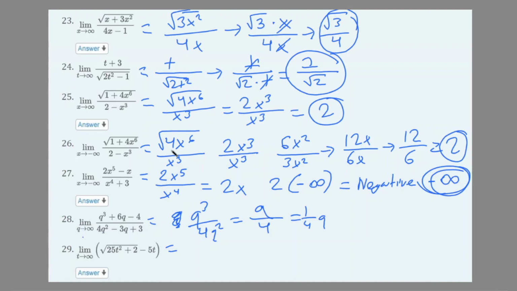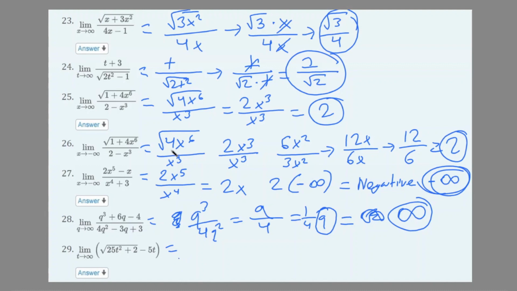Now as q goes to infinity, since the numerator is bigger than the denominator, this number is going to get infinitely larger, and it's just going to be multiplied by 1 over 4. If q gets infinitely larger, the 1 over 4 doesn't do anything. It's not important anymore. It's not going to make the number any smaller if it's going to infinity. So your limit as q goes to infinity would be infinity. That's perfect.